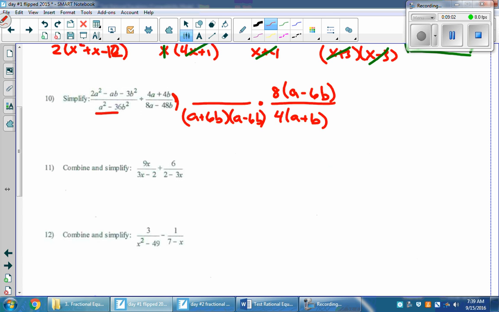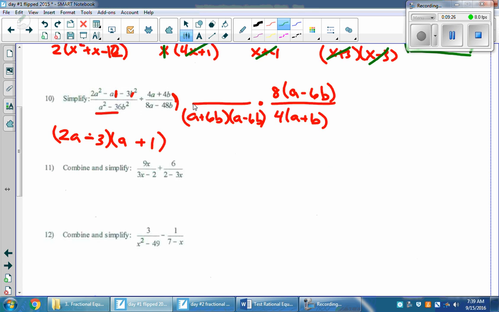Top, let's see. Again, a lot of you are going to get really confused. They don't like the b's. Right now, just forget about them. Factor that. So that's what? 2a times, multiplies to be 3, subtracts to be 1. So the 3 has to go there, so minus, plus a.